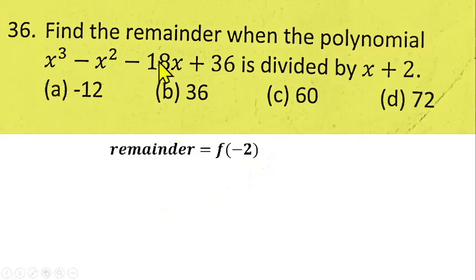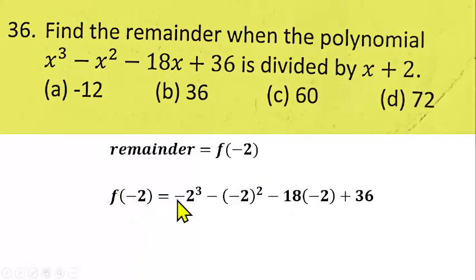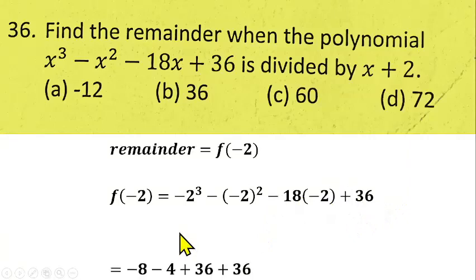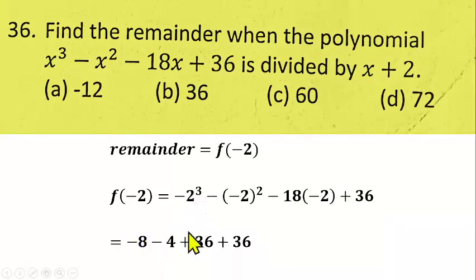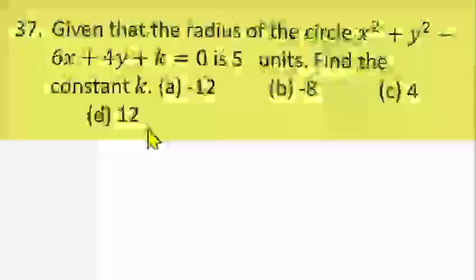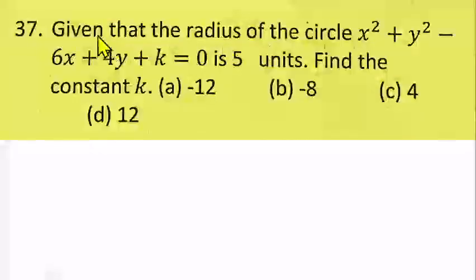If you put that here, you'll have f of minus 2 equals to minus 2 cubed minus open bracket minus 2 squared minus open bracket 18 into minus 2 plus 36. Simplify that further, that gives us minus 8, minus 4, then plus 36 plus 36, and that should give us 60, which is option C.